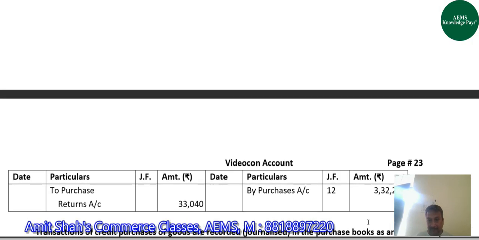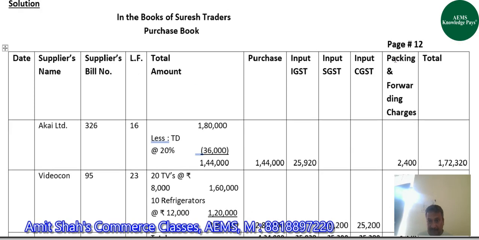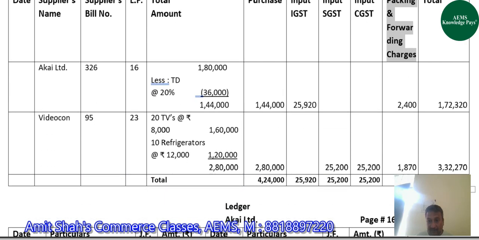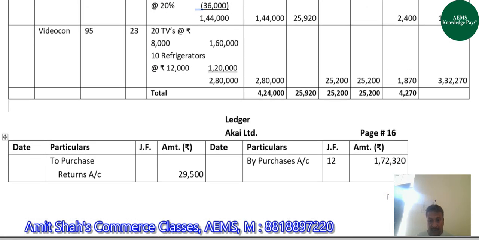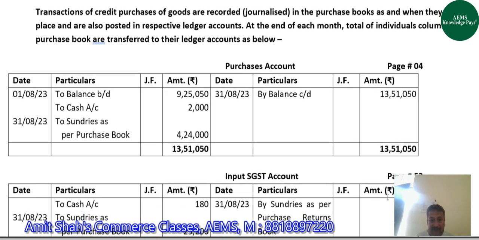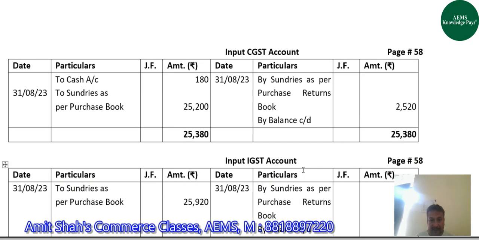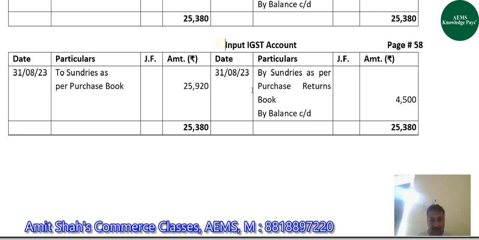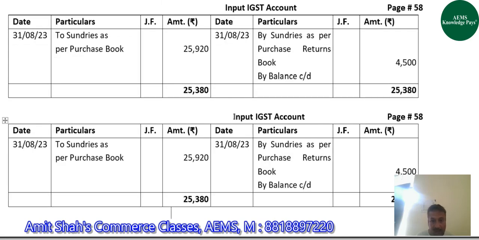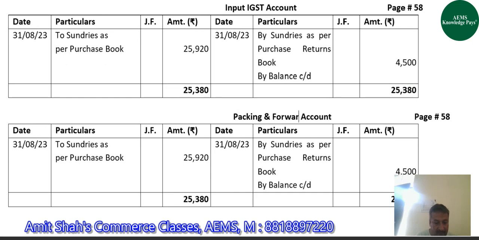I am left with one more account, that is packing and forwarding charges, the total of which is 4270. This also would be treated the same way. Purchase, input SGST and input CGST account were made. So here we will have packing and forwarding charges account.